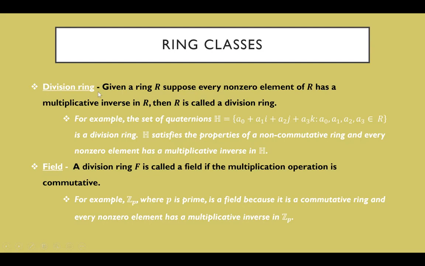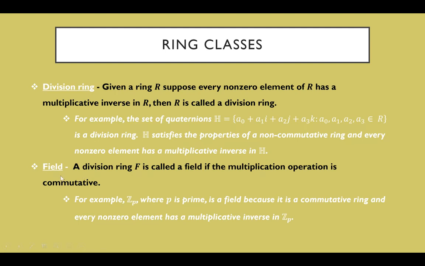Notice that the division ring does not have the commutativity property requirement for multiplication. However, we can show that every element of the quaternions does have an inverse, except for 0, of course. So we have a set. It is a ring. It is a non-commutative ring. And every element has a multiplicative inverse. And so we would call this a division ring.